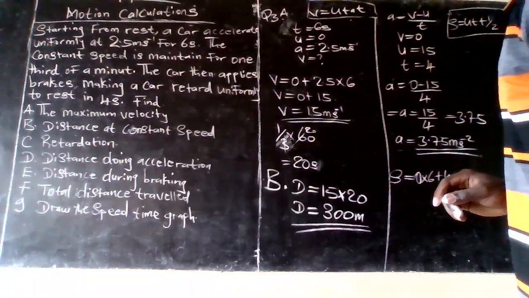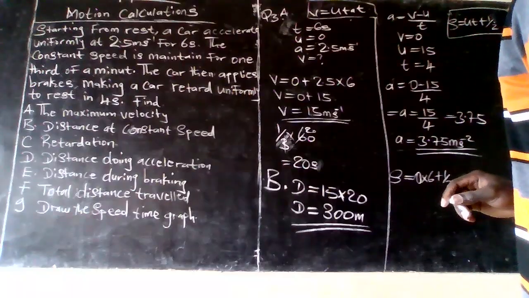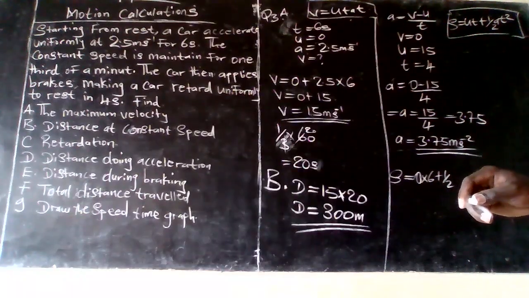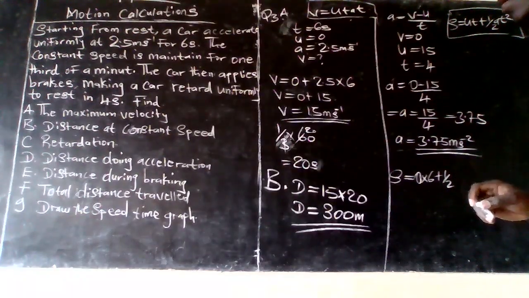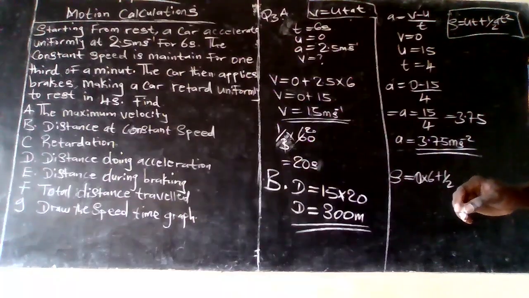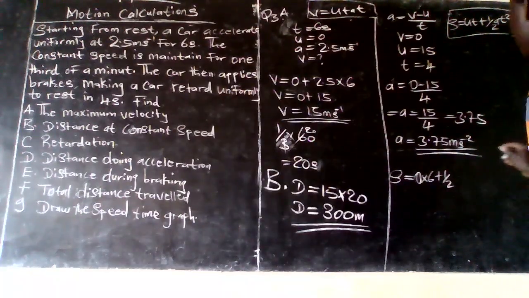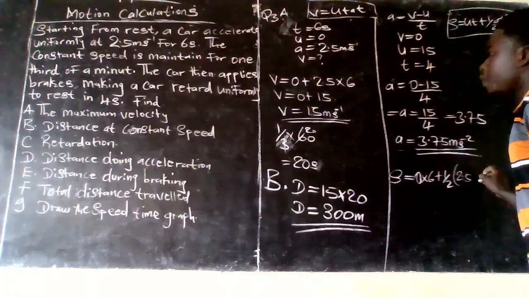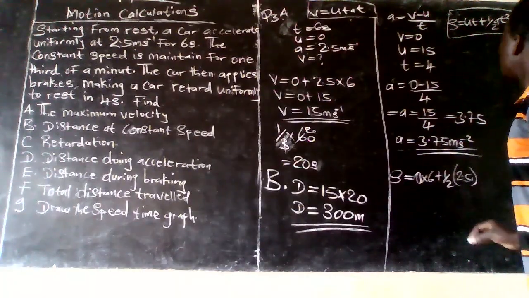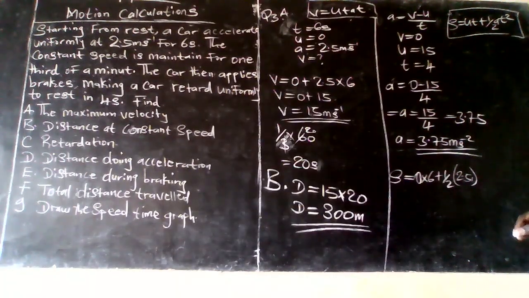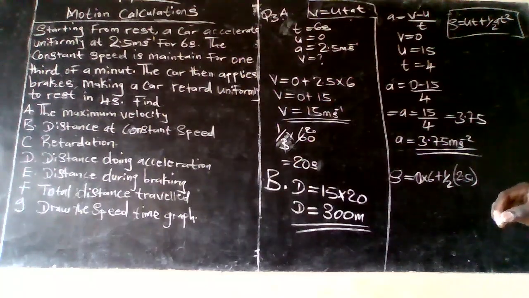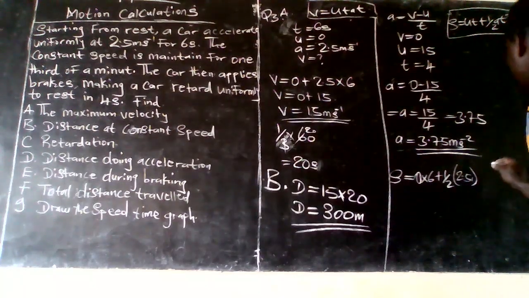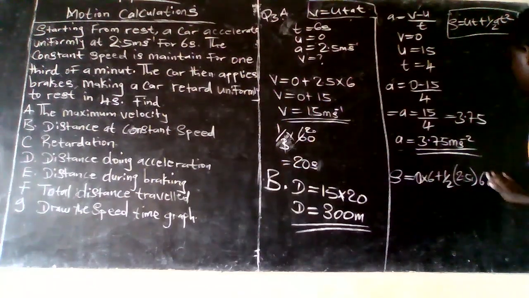Let's find our acceleration. Okay, 2.5 meters per second squared. Then the time is 6, so 6 raised to power 2.